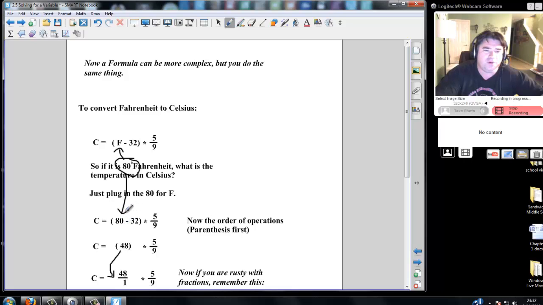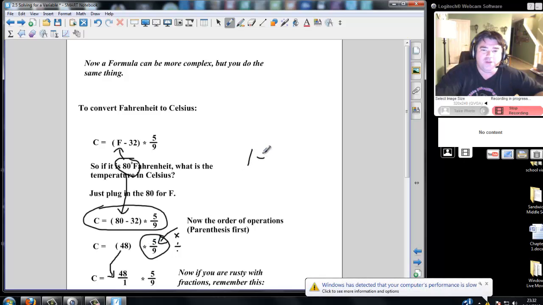So go ahead, pause for a second, and try to work this out. Okay, you should have been unpaused by now. 80 minus 32 is 48. 48 times 5 divided by 9. Don't forget that with a fraction, you multiply by the top and divide by the bottom. That's all a fraction is.